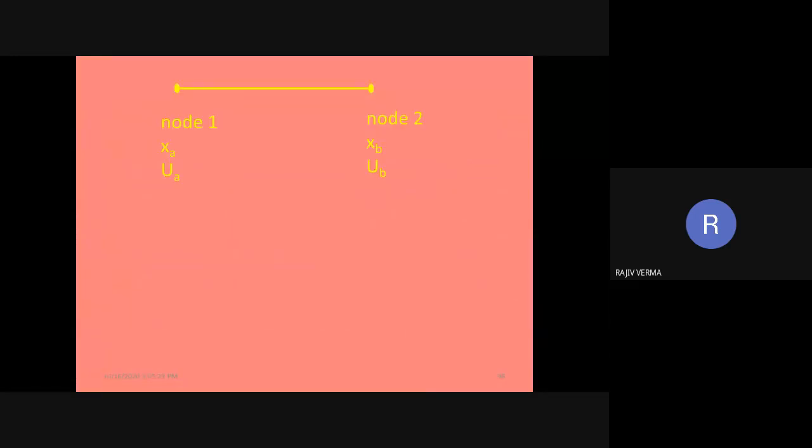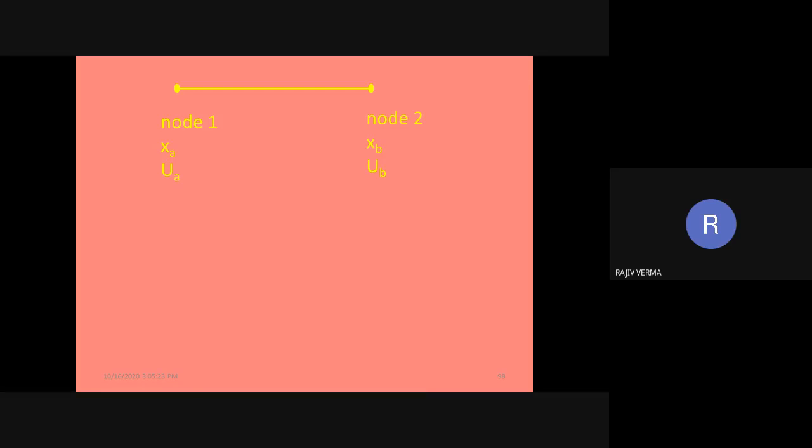So we have a domain which has been divided into a single element. So the entire domain corresponds to one element itself. Now this domain has two locations which have been marked as node number 1 and node number 2.